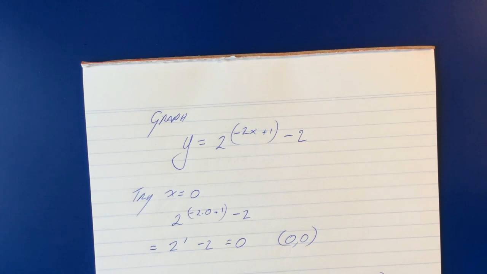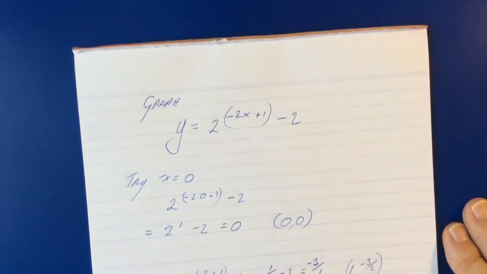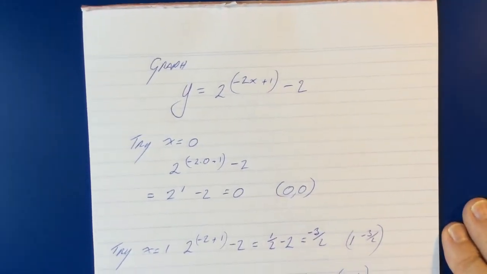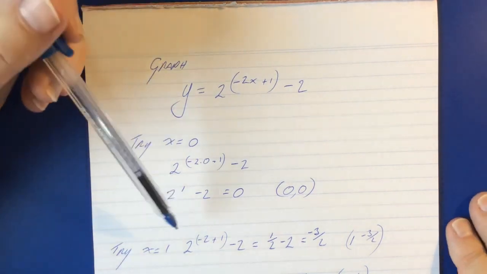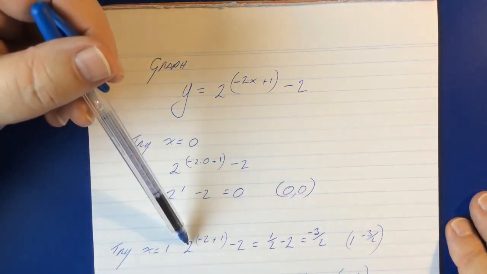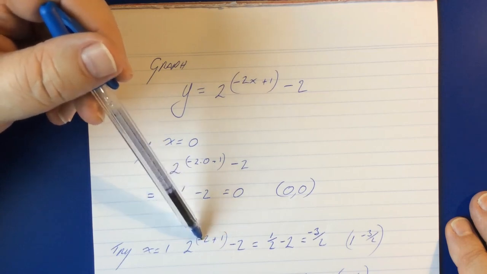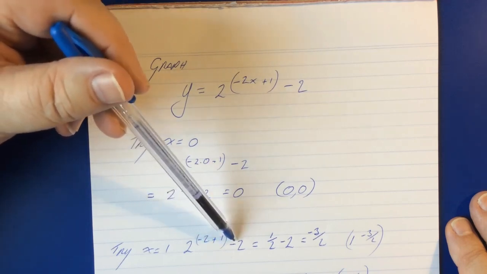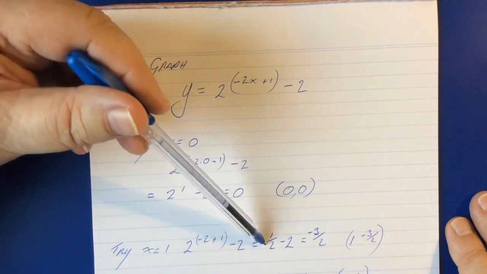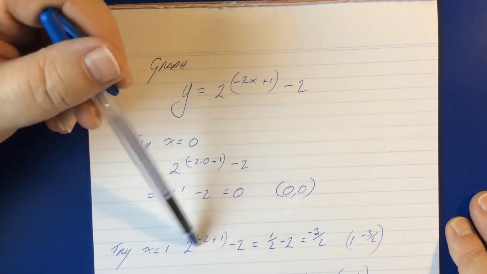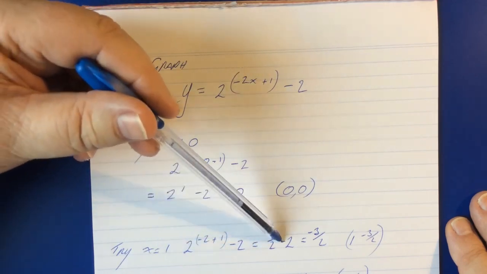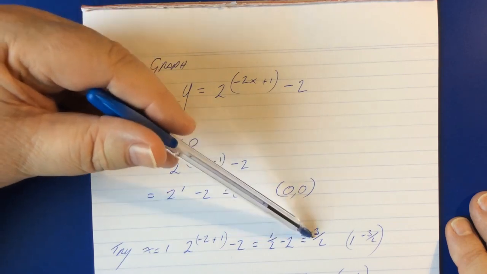So we're looking at finding points in the rest of the Cartesian plane to try and get a handle on how this looks. The first thing I'm going to do is put 1 into this equation, and what I get is 2 to the power of negative 2 plus 1, which is 2 to the power of negative 1, minus 2. 2 to the power of negative 1 is 1 over 2, minus 2, which gives me negative 3 over 2.